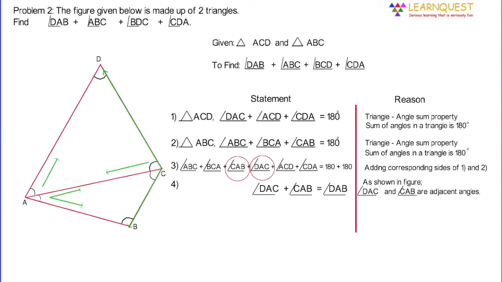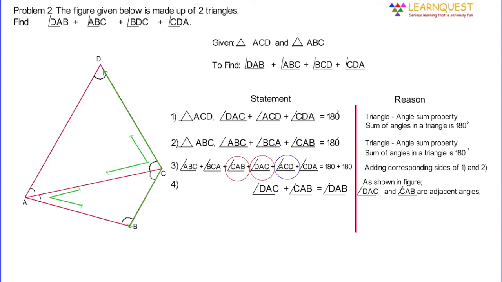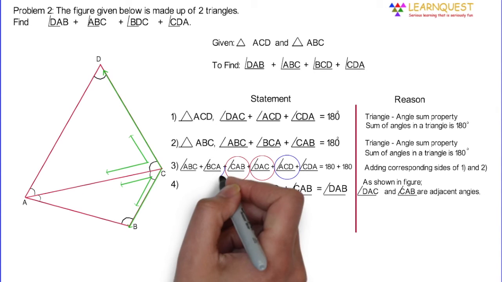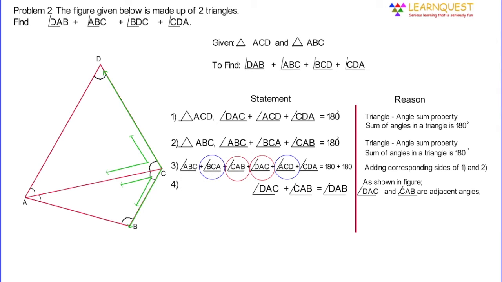On similar lines, now let us look at angle BCD. We can see that this is a sum of two angles, angle ACD and angle BCA, and these two are adjacent angles. So angle BCD is actually nothing but a sum of these two angles.